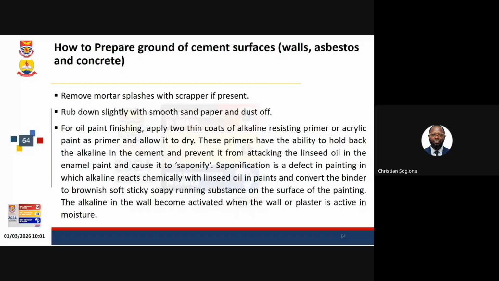Saponification is a defect in painting in which alkaline reacts chemically with linseed oil in paint and converts the binder to a brownish, soft, sticky, soapy running substance on the surface of the paint. The alkaline in the wall becomes activated when the wall or the plaster is active in moisture.